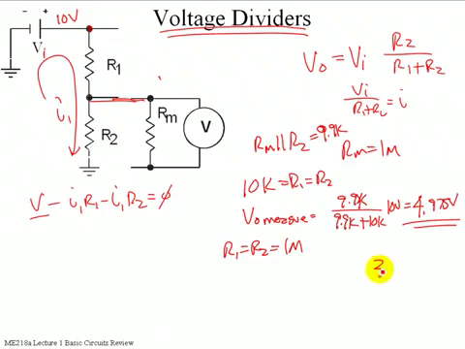Yeah, 3.33 volts. Because if I've got a mega ohm for the value of R2 and I put it in parallel with a mega ohm of meter resistance, that's going to give me a half a mega ohm of equivalent resistance. So now this becomes a half over 1 plus a half, or a third.